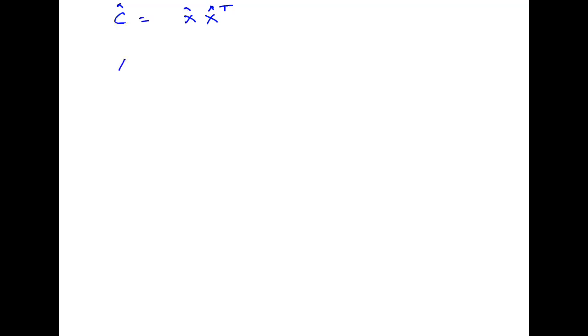Let's say I do SVD of X cap, exact SVD, not approximate, but exact. So how can I write it as U lambda V transpose, right? So what is my X cap times X cap transpose? U lambda V transpose times V lambda U transpose.